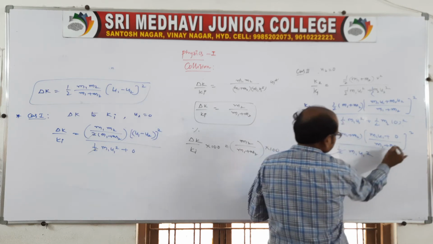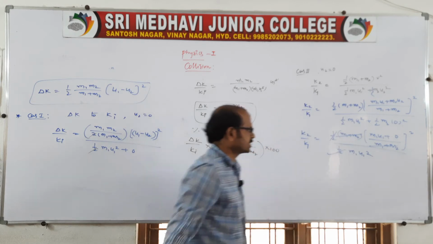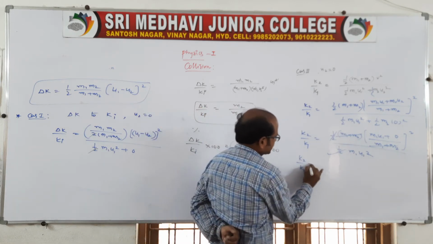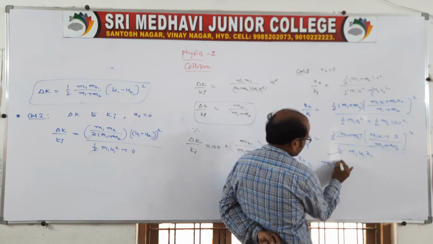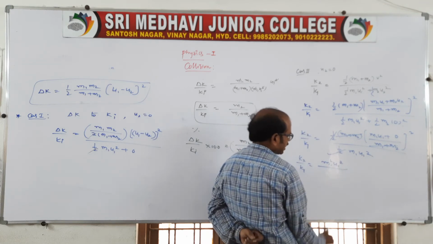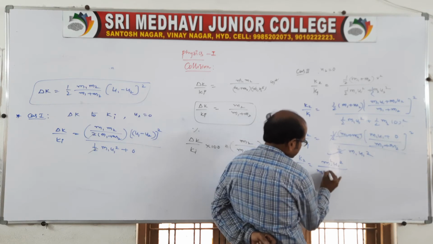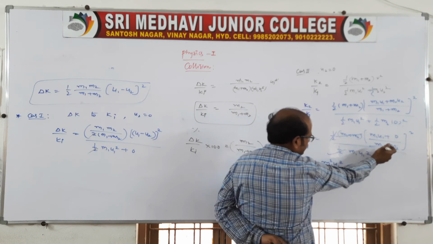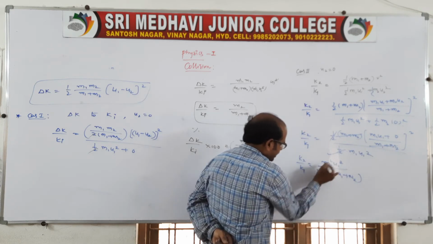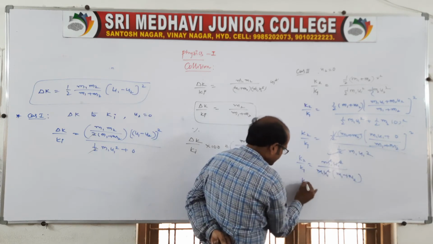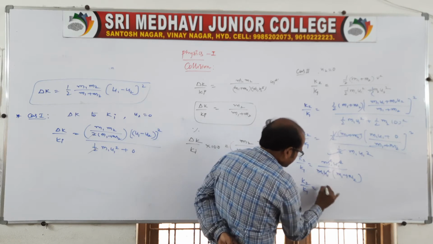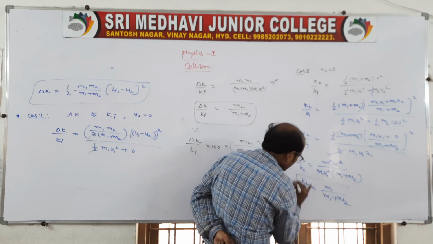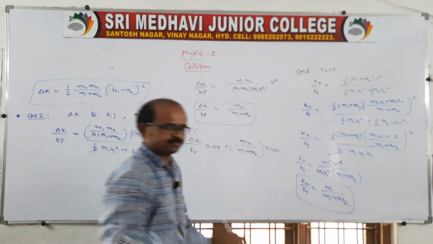The halves cancel, and one factor of m1 plus m2 cancels. What remains is m1 u1 square by m1 u1 square into m1 plus m2; m1 and u1 cancel. K2 by K1 is equal to m1 by m1 plus m2. This is the fractional change in kinetic energy.